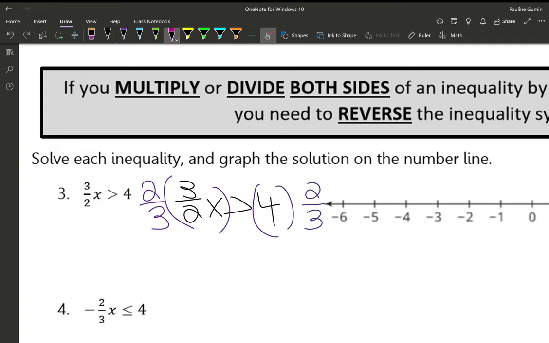So on the left side, the 2's and 3's cancel. We're left with x. Since we multiplied by a positive number, our sign stays the same. 4 times 2/3 is 8/3. And 8/3 is 2.7-ish. So x is greater than 2.7.